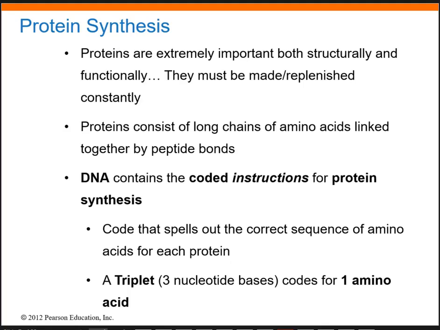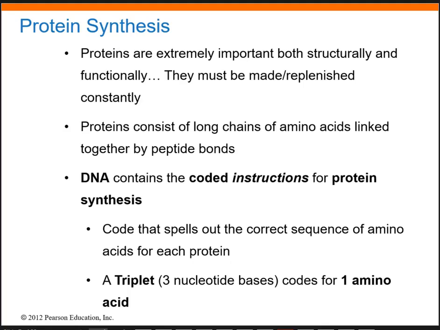We have so many different proteins all over the body, and these proteins wear out. They don't last forever. So we constantly have to be making more proteins in order for the body to grow and develop, but also just to keep the body running so it doesn't break down. So protein synthesis happens all the time.